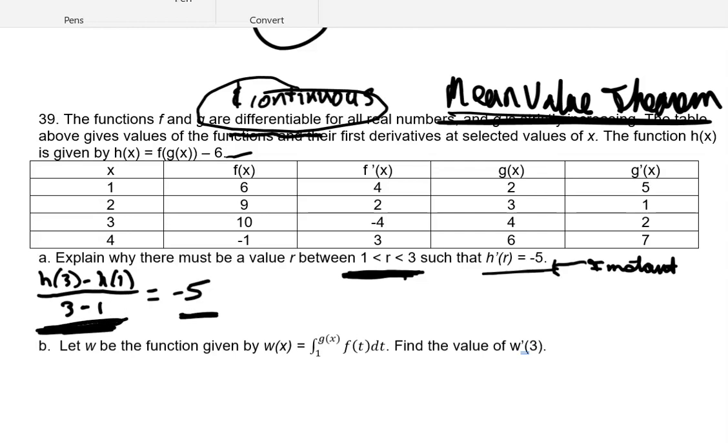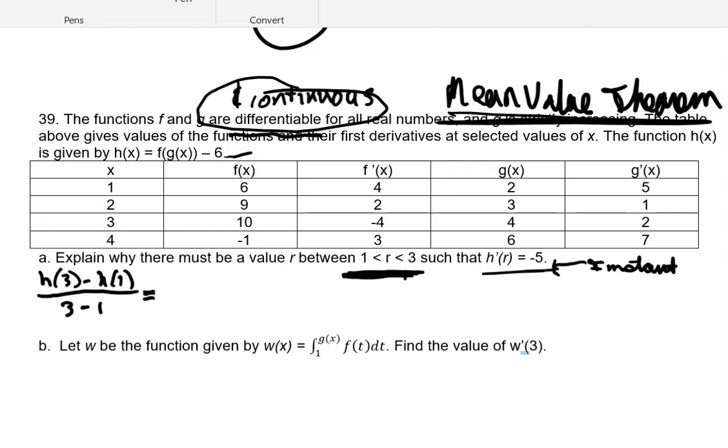So if we can prove that our average rate of change was a negative 5 by using our table, that's what would guarantee our instantaneous rate of change was somewhere equal to a negative 5. Hopefully that makes sense. Now we still have to kind of go through this problem and prove this. But if we don't get our problem to be a negative 5, then there's something wrong because they're telling you to explain why this must be true.